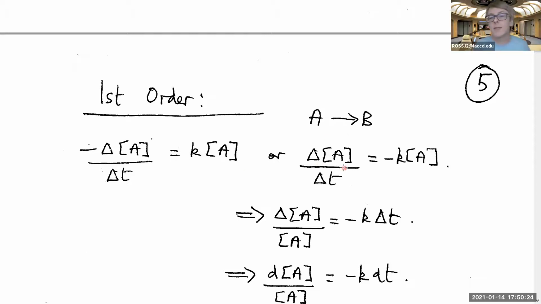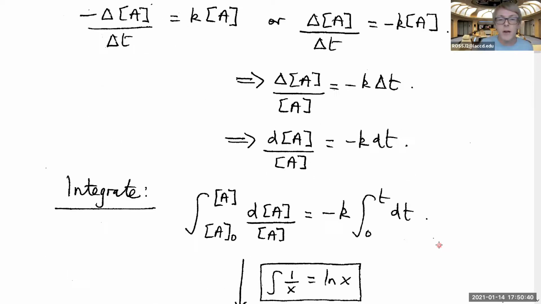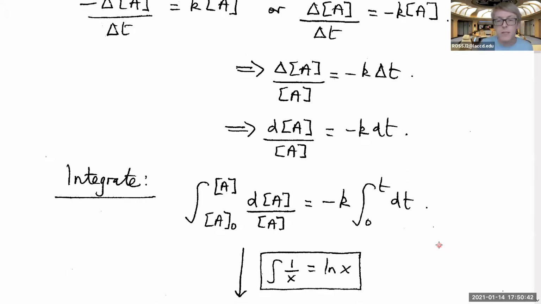We isolate like terms, so we get to this expression here in a very similar way to the zero order process. And then we substitute the deltas for a d, and then we can immediately start our integration process.